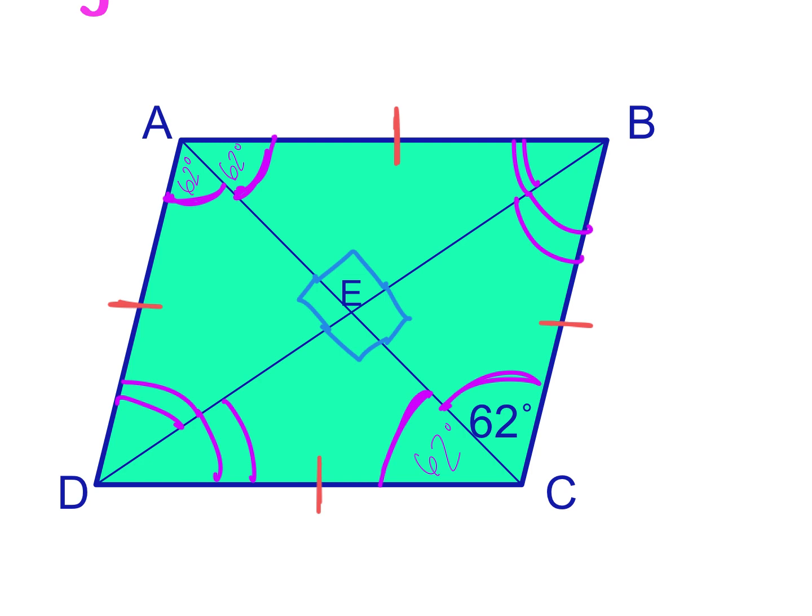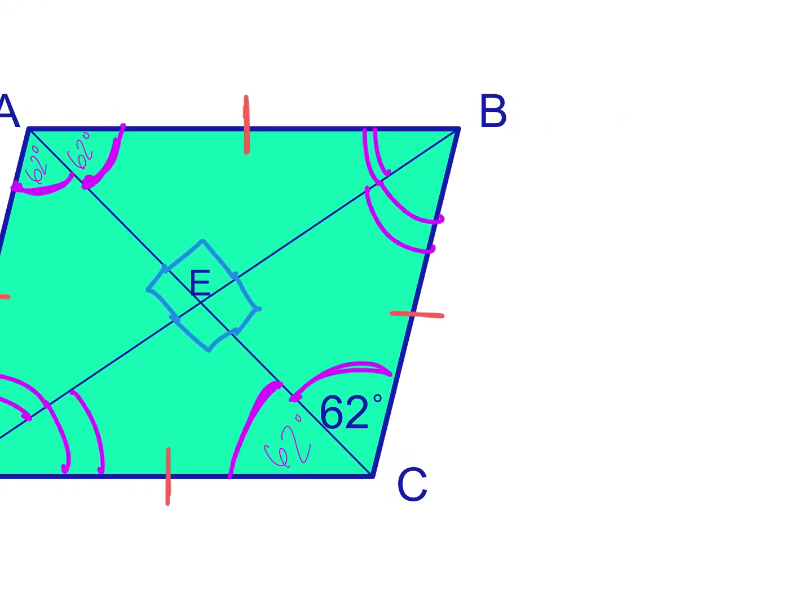How would I find the measure of angle B? I'm going to do some sort of subtraction, but how would I find the entire measure of angle B? Yes, Carlos? Subtract 62 from 180. Okay, you're on the right track. These two angles added together equal 180, but you're only giving me a piece of an angle.